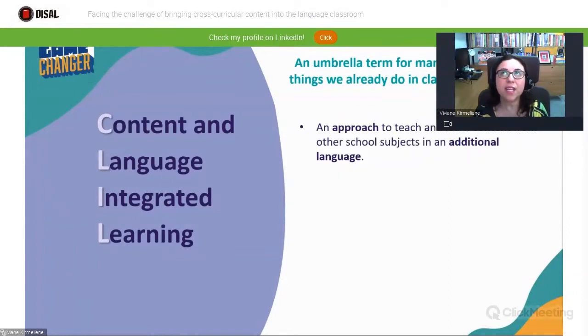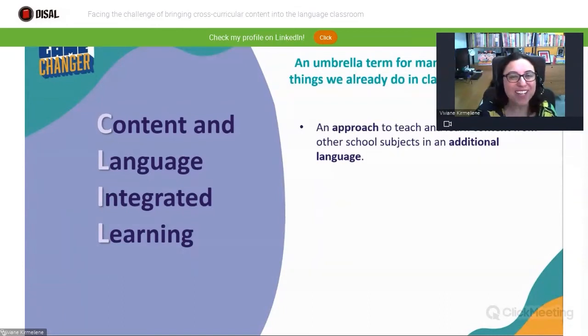But if you think about a tribe in the Amazon, Portuguese will be the additional language of instruction, for example, of regular subjects in an indigenous school in the Amazon. So Portuguese could be this additional language. I see that we already have some CLIL lovers here. Good. I looked at the chat.